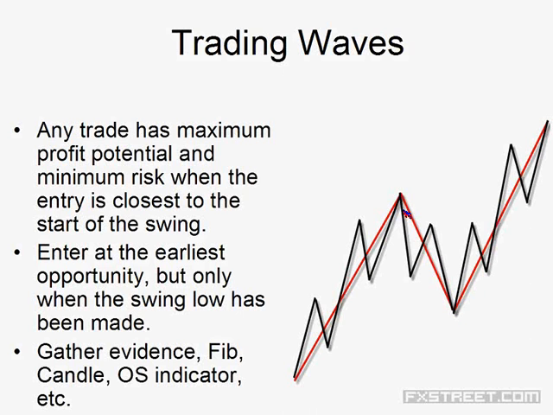And by just looking at what has been going on here with the corrective wave 2, which will very often come down to a Fibonacci level, may well also provide some candle evidence that it's turning the corner and going back in the direction of wave 1. If we can get in at that point, then we're going to absolutely maximize our profit potential, provided, of course, we can get out at the right time.